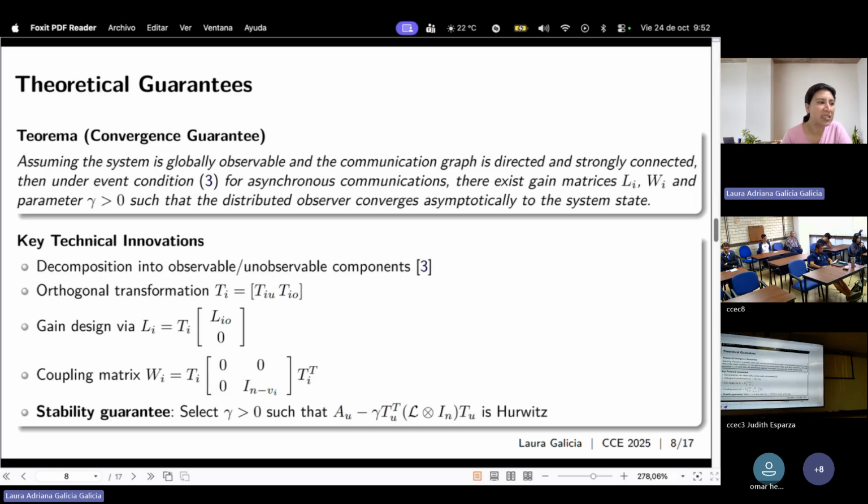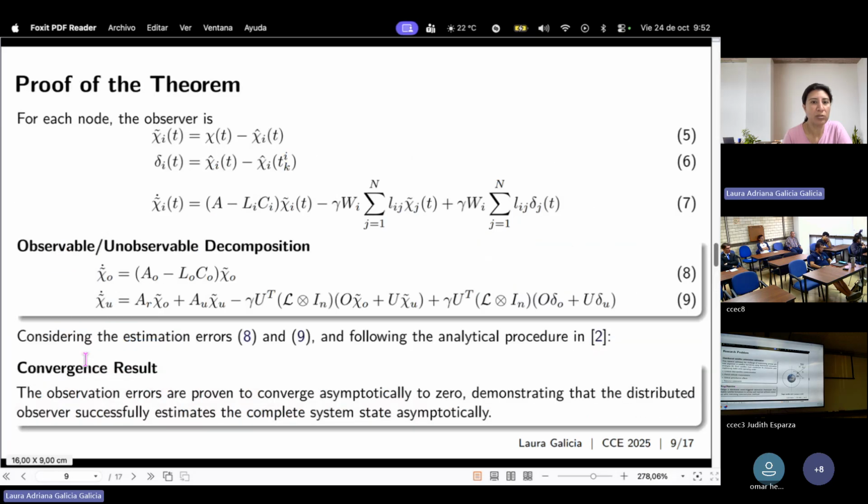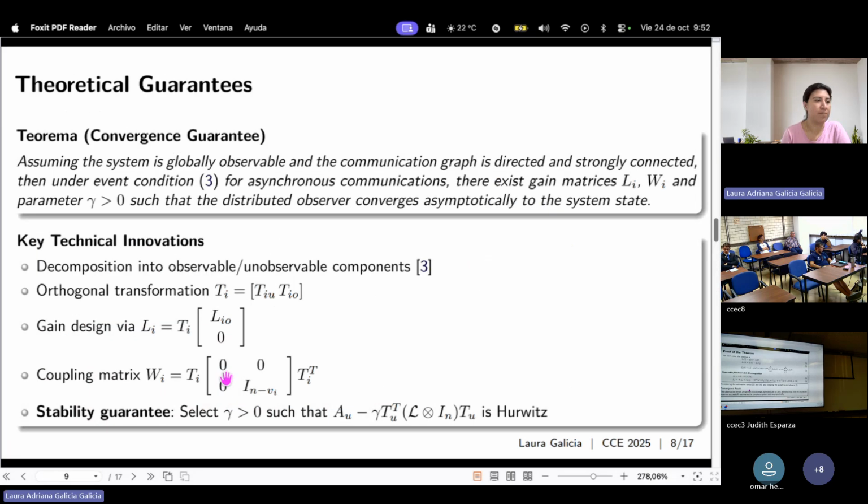The theoretical basis of our work is supported by several key innovations. We begin by decomposing the estimation problem into what each node can see individually versus what requires collective intelligence.